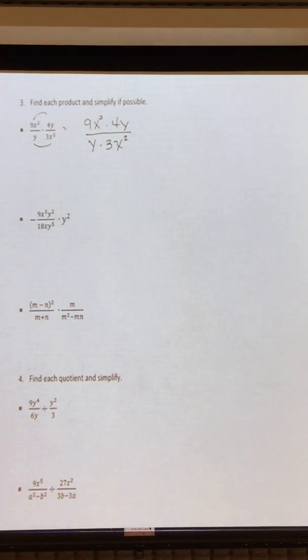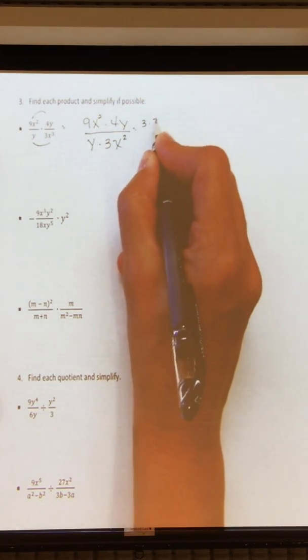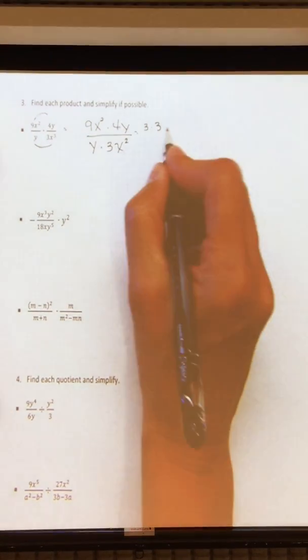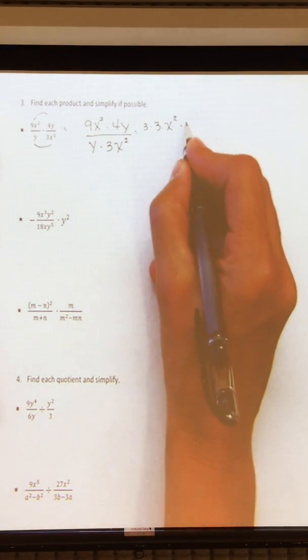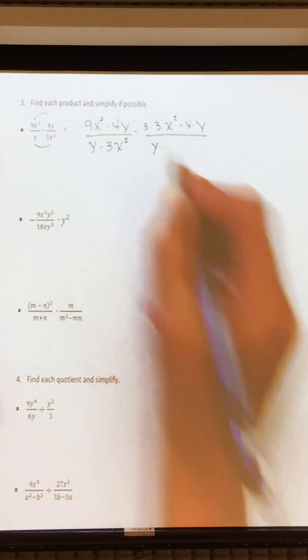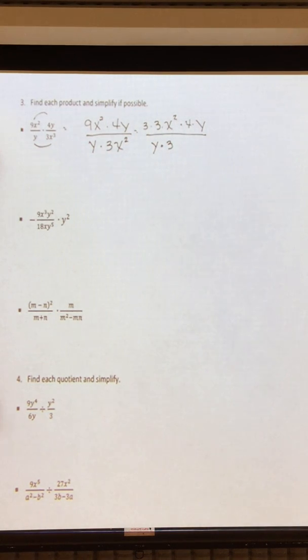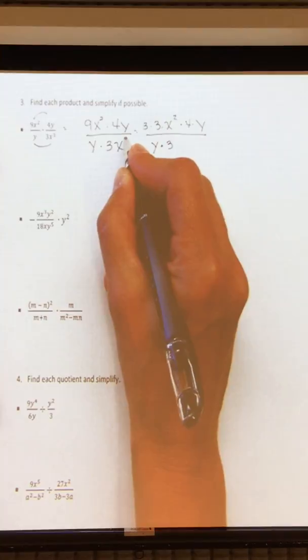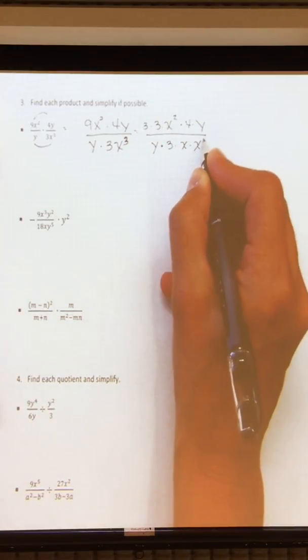9 can be simplified as 3 times 3 times x squared times 4 times y, and then in the denominator you have y times 3 times x squared.